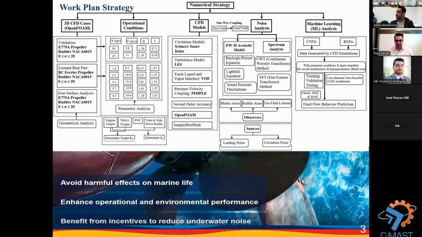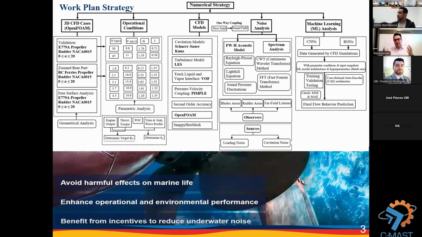After modeling the case, we also record the data by what we call microphones. These microphones are located over different regions of the computational domain, for example, over the surface of the blade, over the surface of the rudder, and in the far field area. By recording the data, specifically the pressure and velocity, we can predict the noise level.